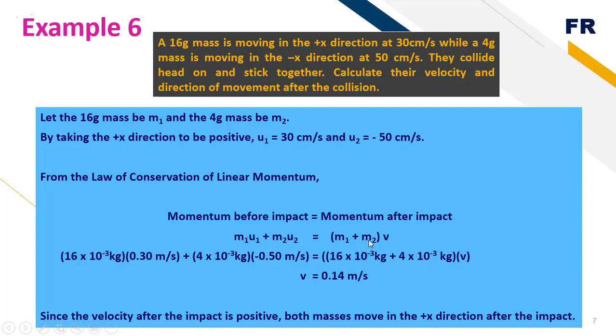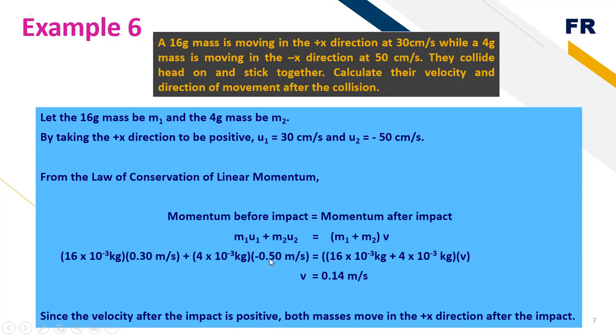If we look at the momentum after impact, the objects stick together and move with the same velocity. So the momentum after impact will be M1 plus M2 times V. Here, after the impact, there is only one velocity for both M1 and M2.